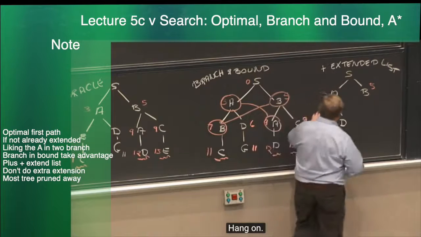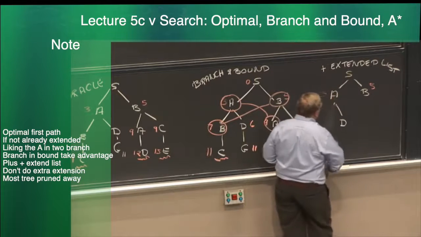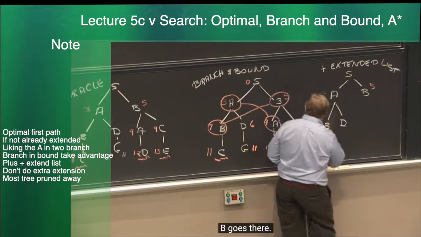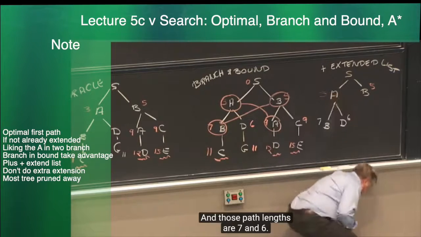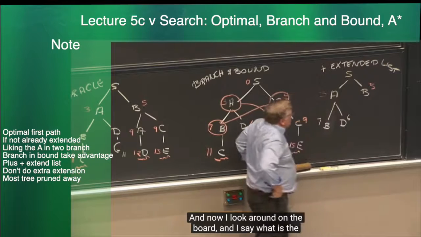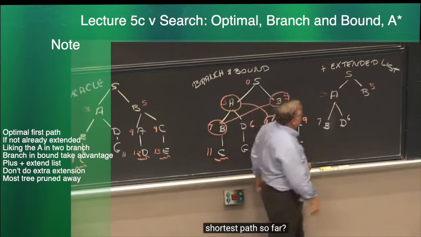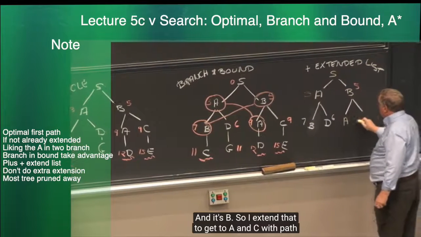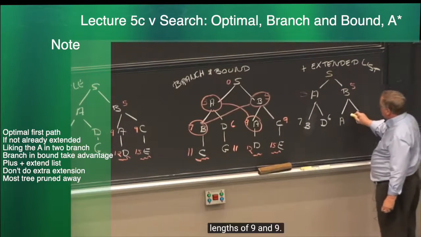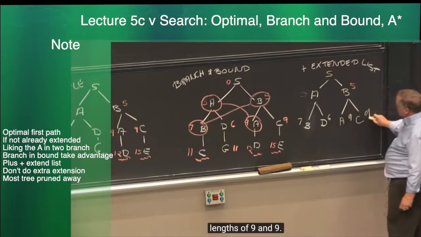Hang on. B goes there, and those path lengths are 7 and 6. And now I look around on the board, and I say, what is the shortest path so far? And it's B. So I extend that to get to A and C with path lengths of 9 and 9.